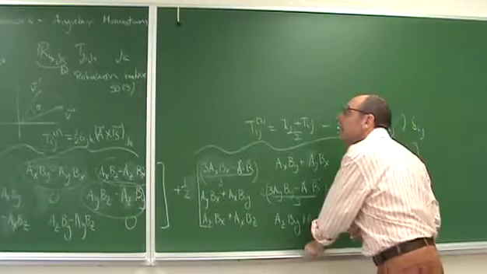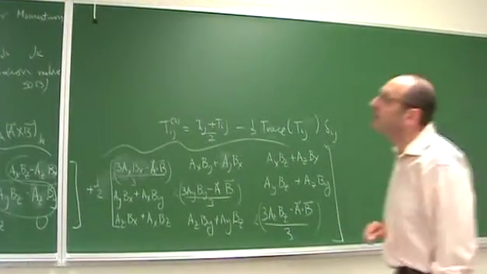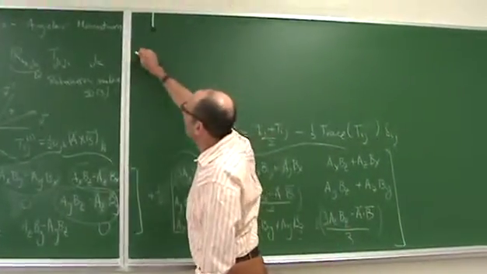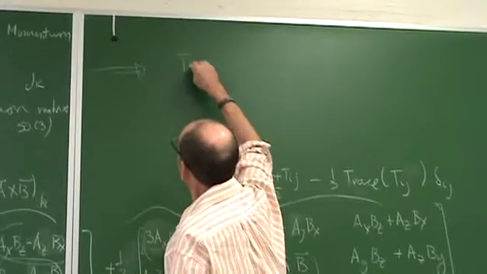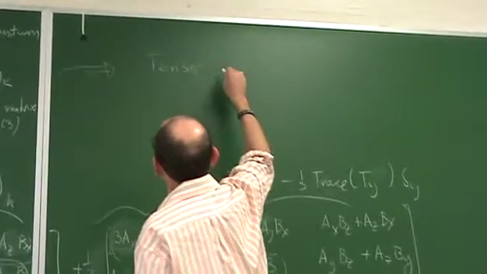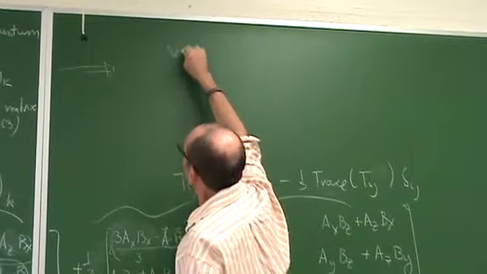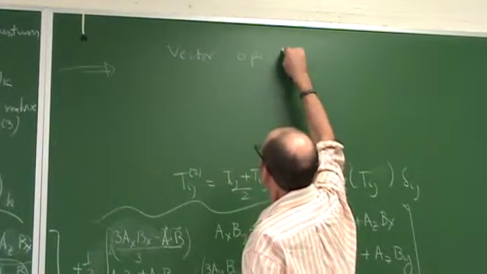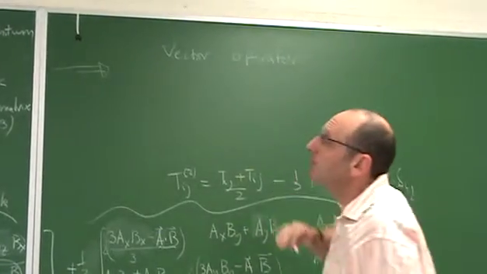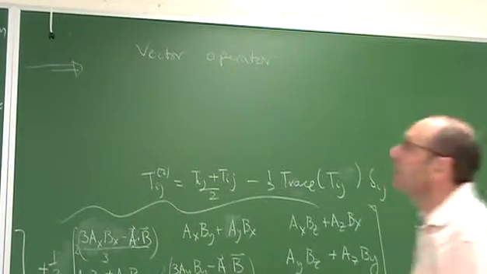Now, before I get to that irreducible stuff, let me just say what we said last time, which is the notion of a tensor. Well, we first had what we call the vector operator, which was a generalization of how the position operator transforms under a rotation.